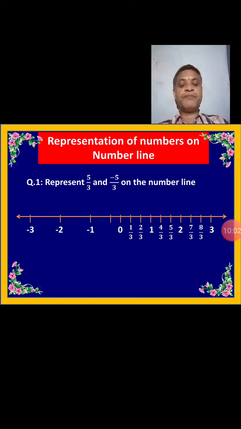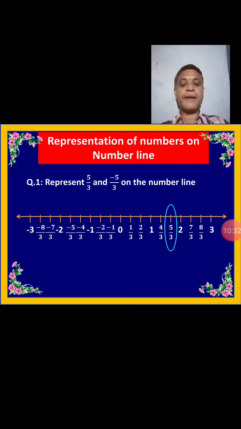Similarly, from 0 to the left side, the negative parts, 3 equal parts from 0 to -1: minus 1 by 3, minus 2 by 3, and minus 3 by 3, that is minus 1, minus 4 by 3, minus 5 by 3, minus 6 by 3 is minus 2, minus 7 by 3, minus 8 by 3, minus 9 by 3 is minus 3.